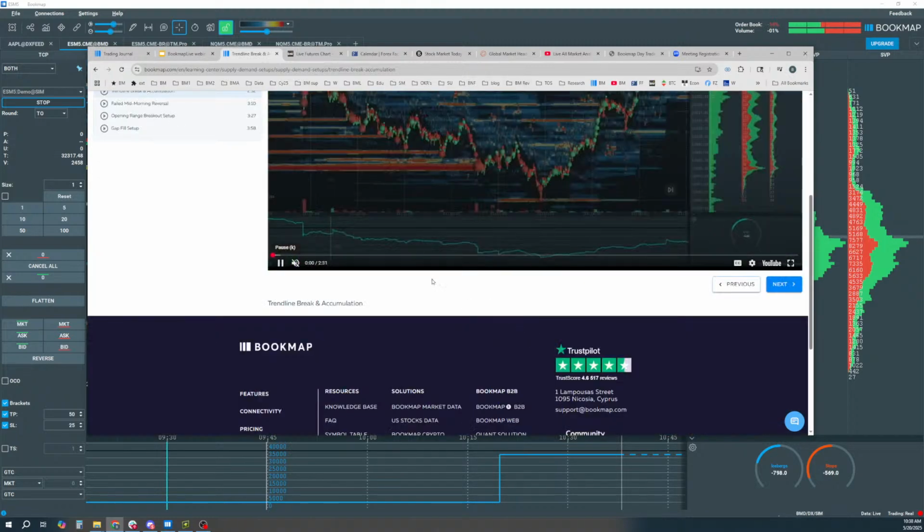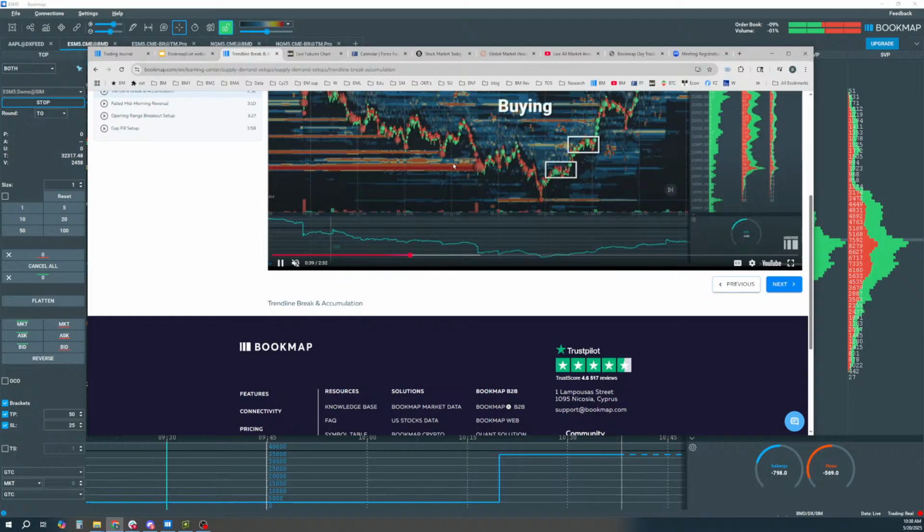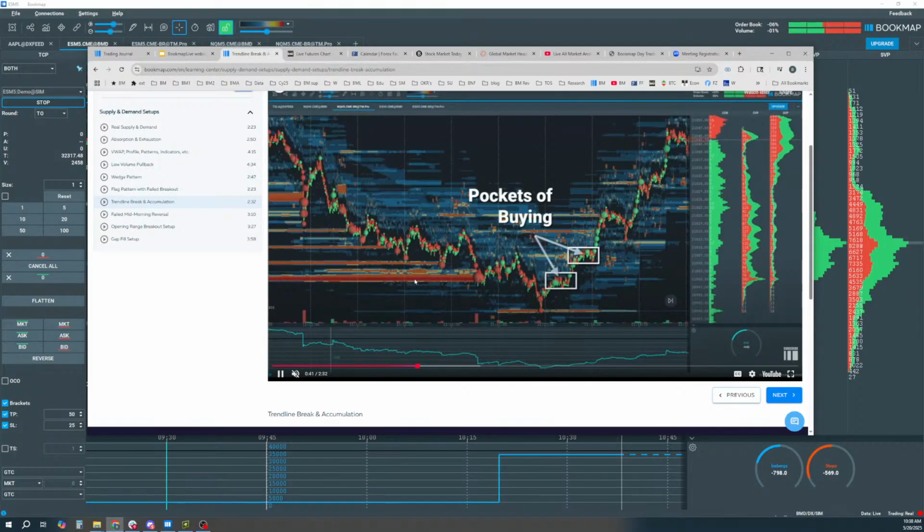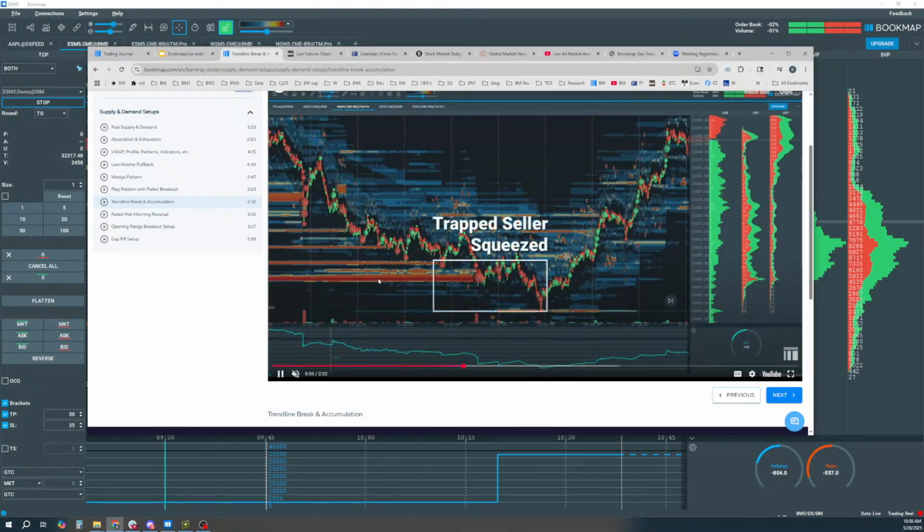We're going to be looking for the passive orders getting filled on the bid on the way down, and then one more push here, which is going to be our flush through and our stop run below the figure of 2100. So we're looking for passive buyers here, liquidity getting filled.